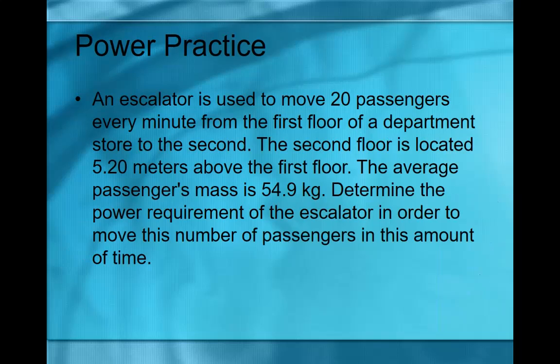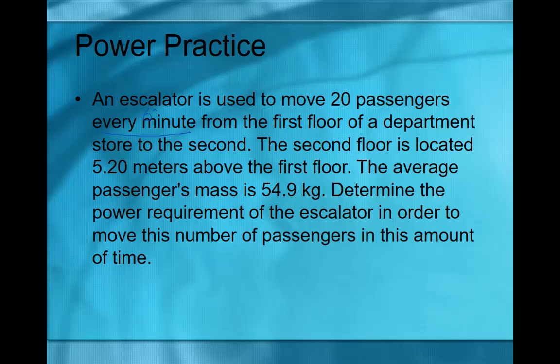The second floor is located 5.2 meters above the first floor, and the average passenger's mass is 54.9 kilograms. Determine the power requirement of the escalator in order to move this number of passengers in this amount of time. So what we're looking at here is time of every minute.